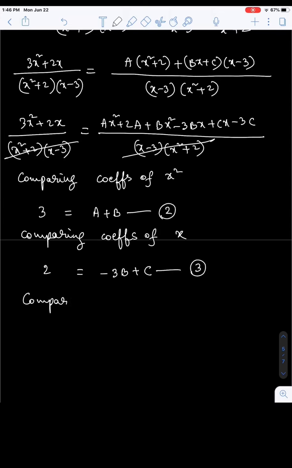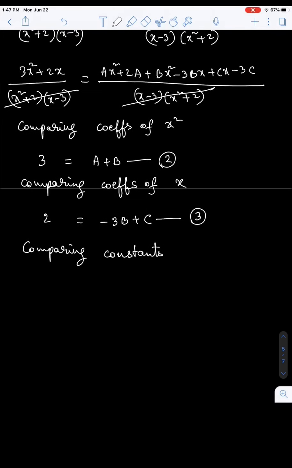And again comparing constants. So what is the constant in LHS? 0. In RHS, 2a minus 3c. This is the fourth one. So what did I do here?